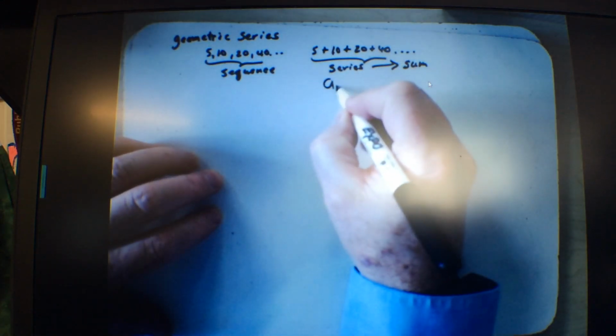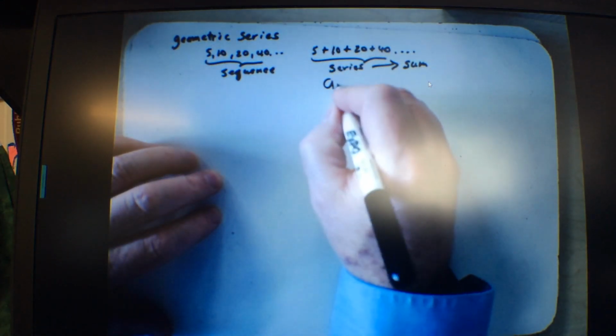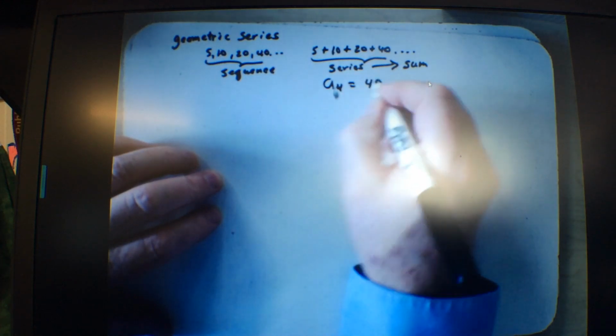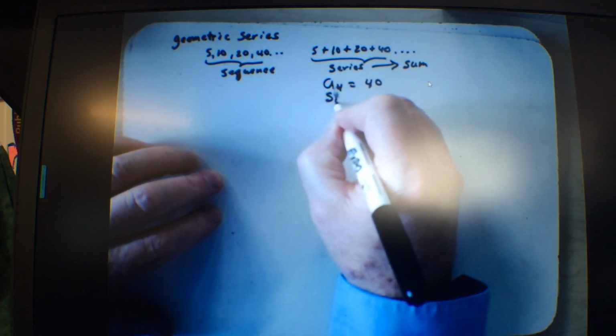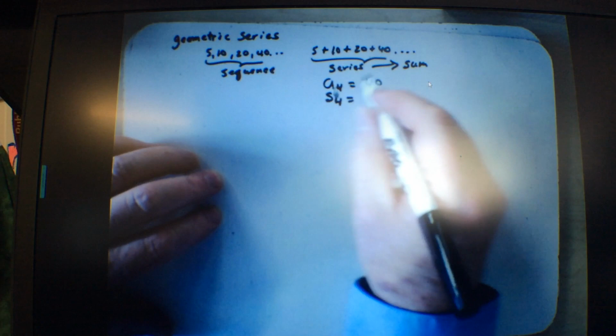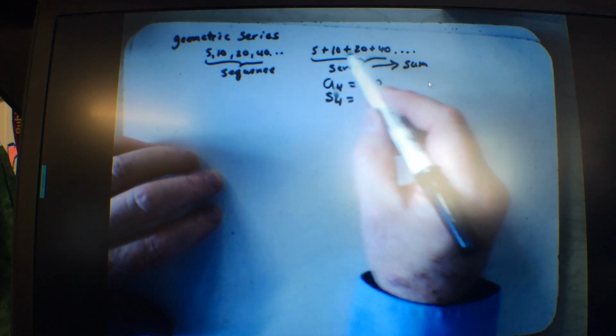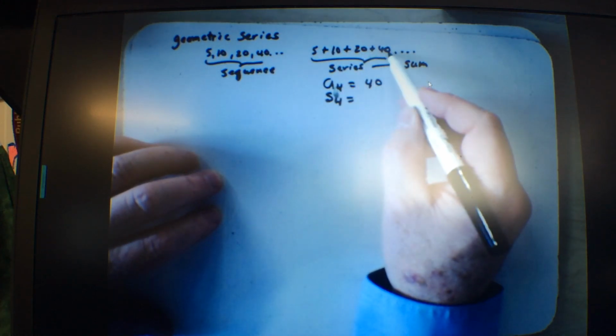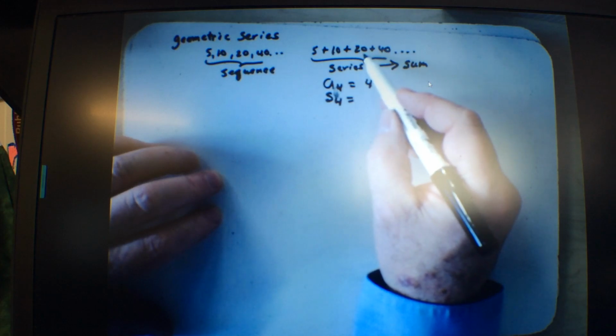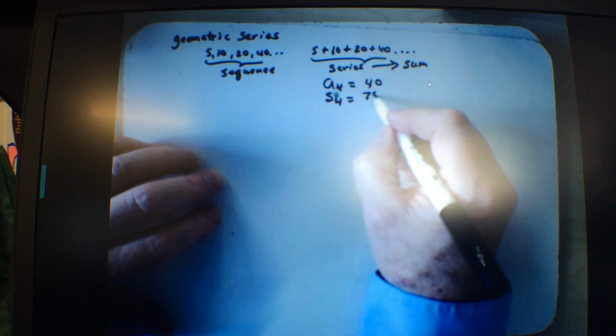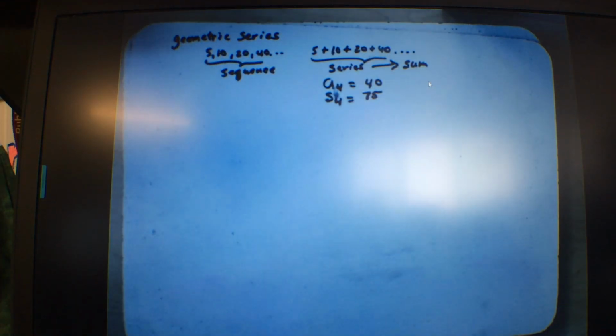If I say a sub 4 in this, a sub 4 is 40. But if I say the sum of 4, which is s sub 4, that's 5 plus 10 plus 20 plus 40. So it'd be what? 75. You see the difference?